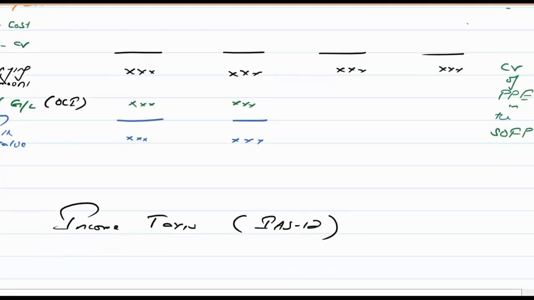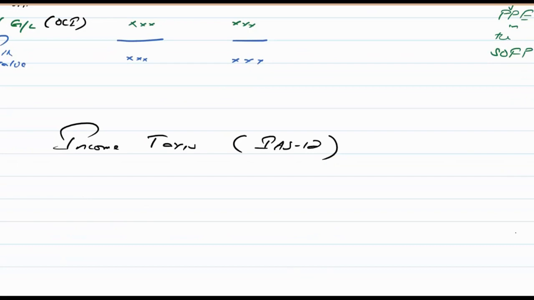Unless, for example, there's a loss on the asset which was previously revalued. So basically you reduce the revaluation surplus of that directly. And if that was not previously revalued, so that means that goes to the profit or loss. In that case, the revaluation loss goes to the profit or loss.